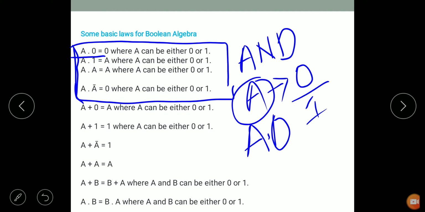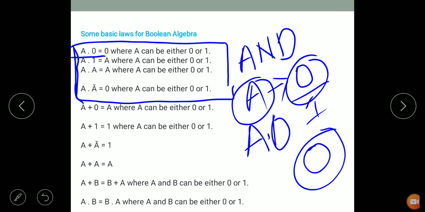We know that in multiplication, if any number is multiplied with 0, the output will be 0, whether the other number is greater or smaller. So in the AND law, the first law is A dot 0, and A dot 0 is 0.